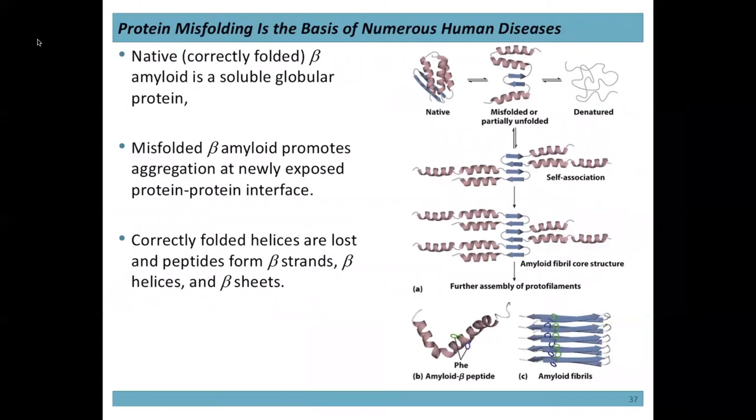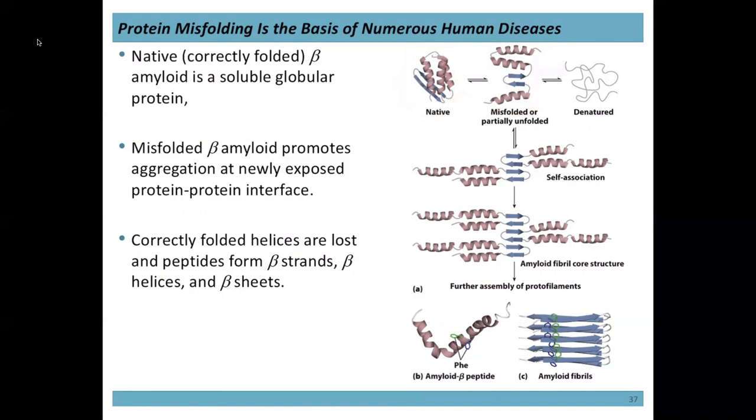So this was the last question that I asked: what happens if the protein never gets folded correctly? Well, the protein could be completely denatured and not really have any structure, or it could adopt a misfold. What we have up here is an example of a native protein that for some reason either misfolds or undergoes a conformational change and never gets back to its native form, or is never completely denatured.